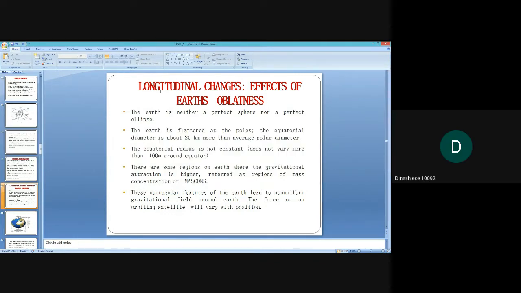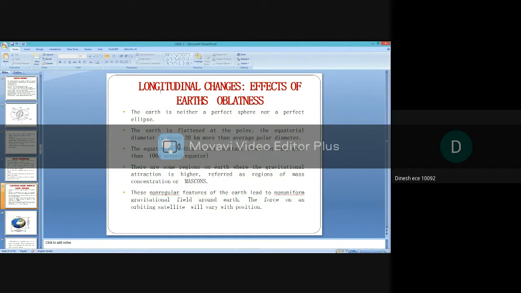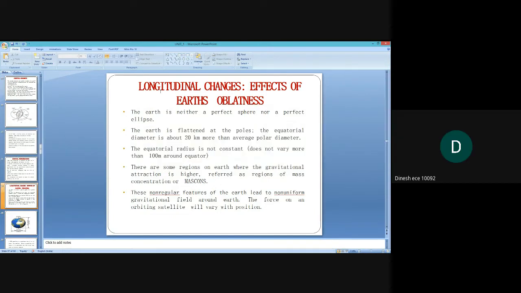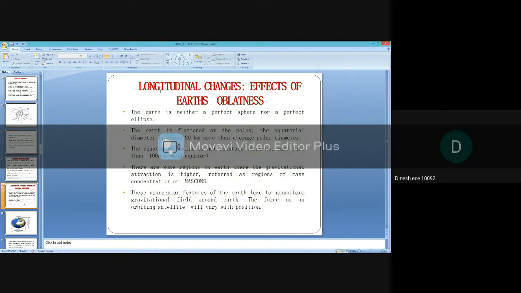So the equatorial diameter is about 20 kilometers larger than the average polar diameter. So this equatorial radius is not a constant. At the poles, the diameter is flattened by about 20 kilometers, whereas at the equator it is around 100 meters.